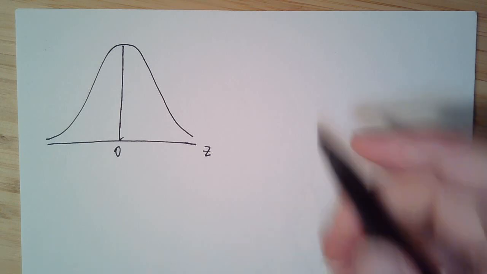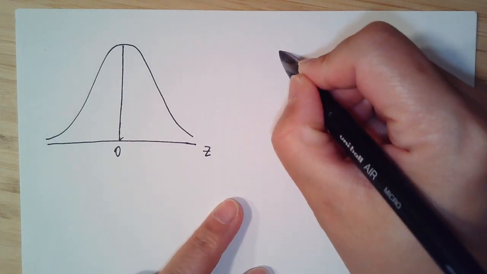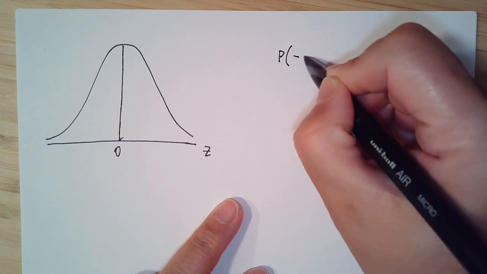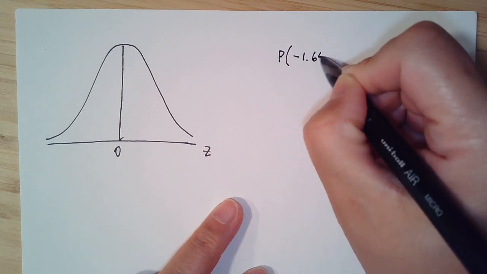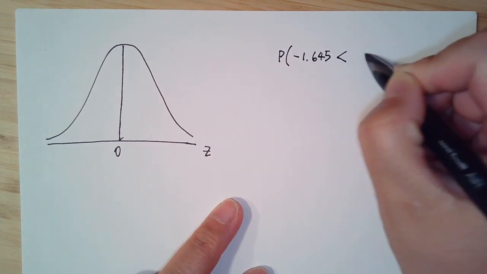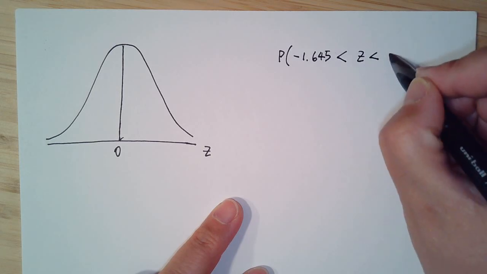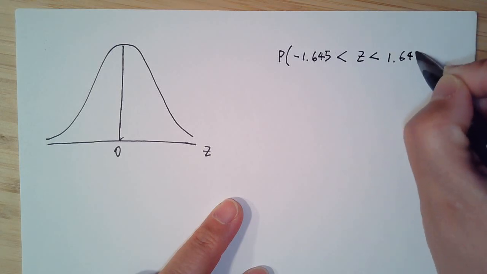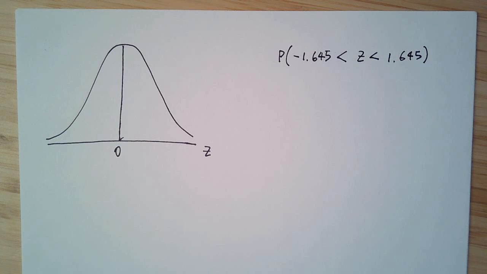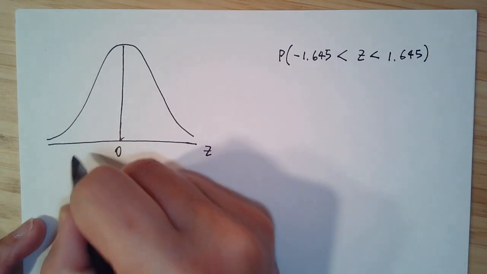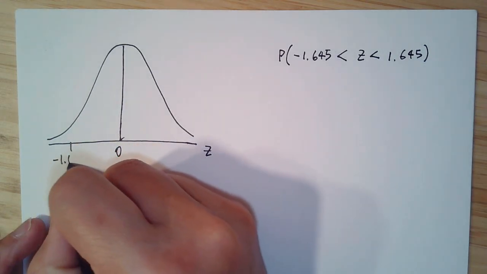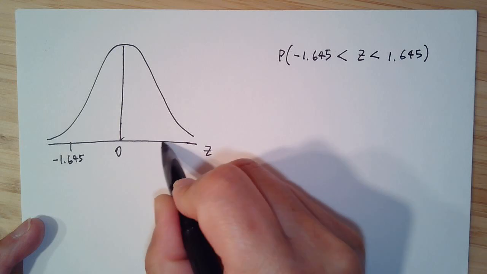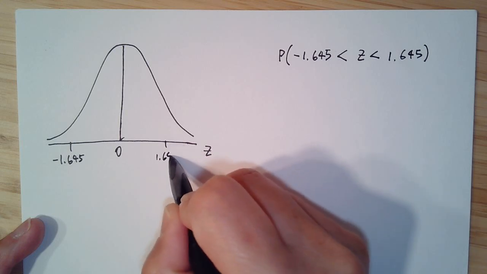I will ask you what is the probability that negative 1.645 is less than z less than positive 1.645. This is interesting, isn't it? So here is a negative 1.645, and here is a positive 1.645.